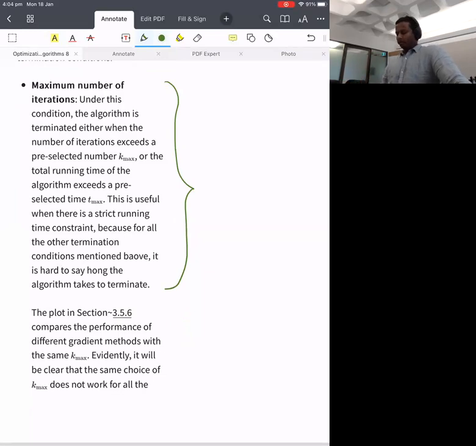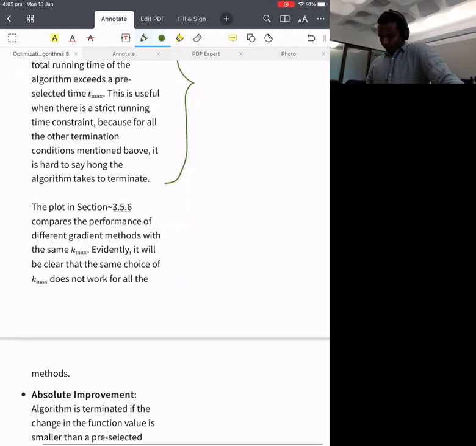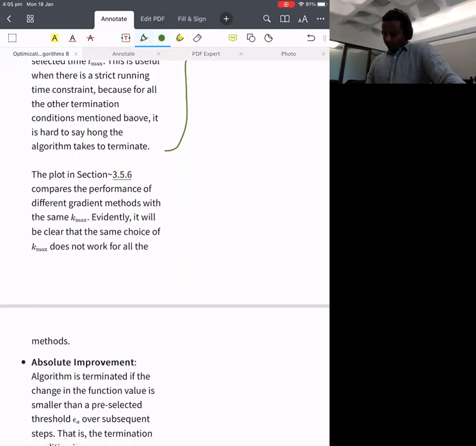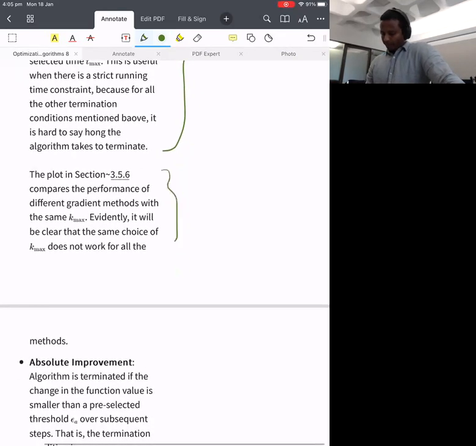You look at it, and if you intuitively feel that it's not converged, you let it run longer, until you're quite happy with it. We will see an example where different algorithms behave differently for the same k max.